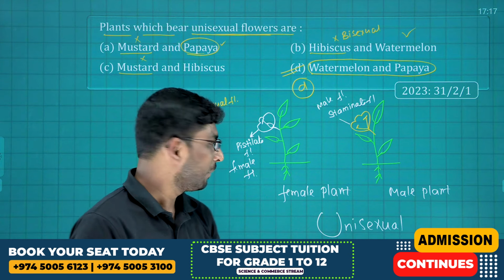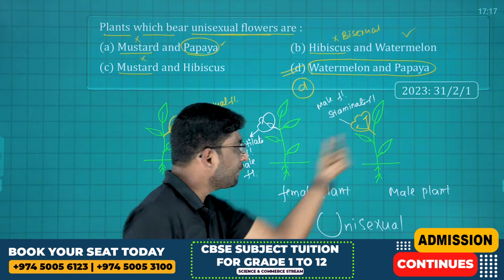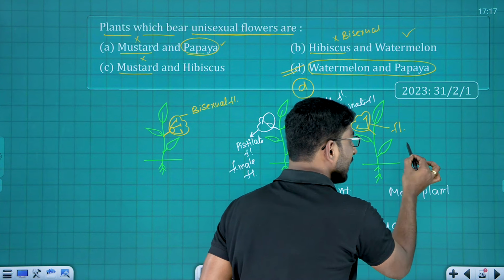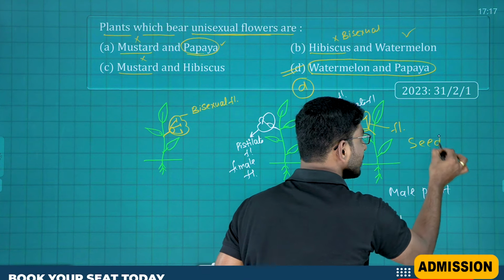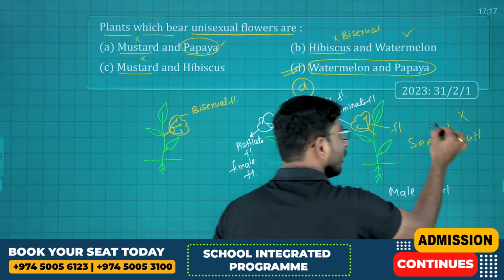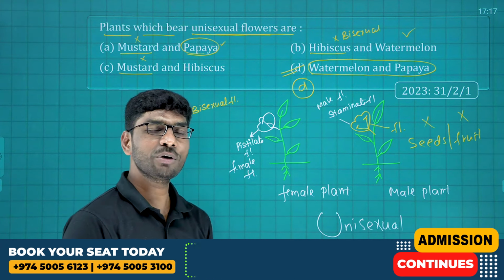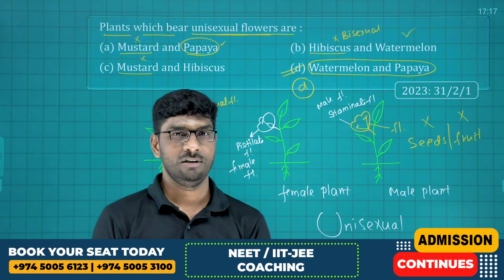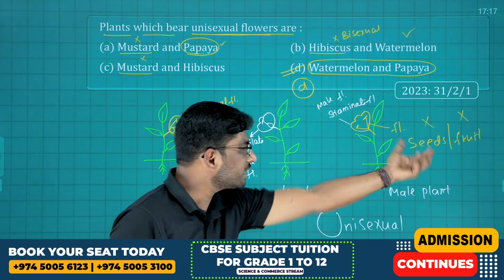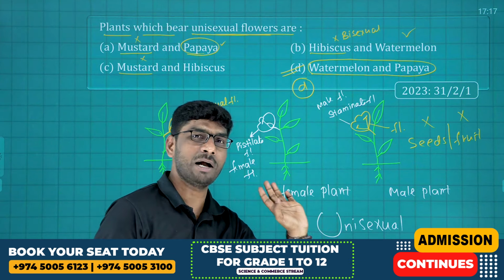Did you get my point? Male plant, this plant, it produces flowers. Flowers are there, but this plant never produces seeds and also fruits. No seeds, no fruits. Can you guess why? You comment after watching this video. Why are seeds and fruits not produced by this male plant?